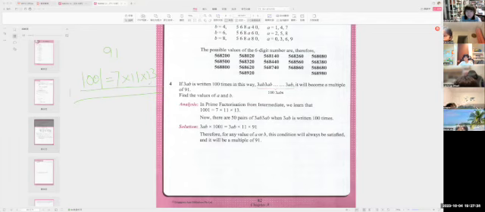If you copy this down, you're going to know that if there is a number, say 3ab times 1001 equals 3ab times 11 times 91, correct?